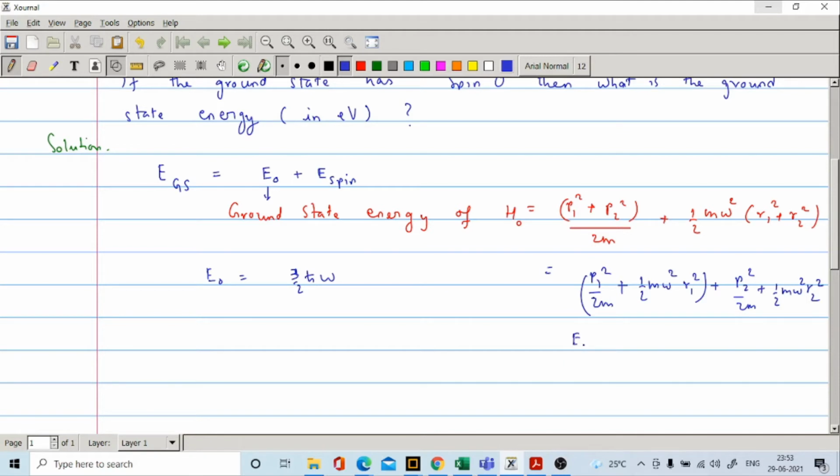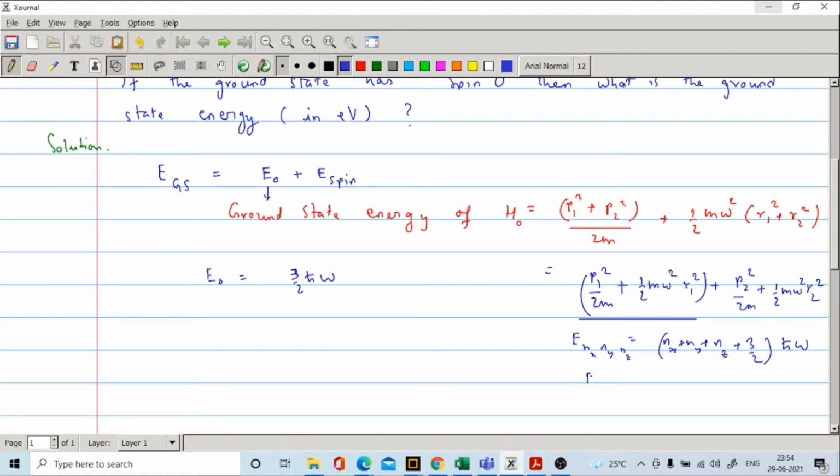So we can write the nth energy for this particular one. It will have three quantum numbers, nx, ny, and nz, and E_n is equal to (nx plus ny plus nz plus 3 by 2) h bar omega.